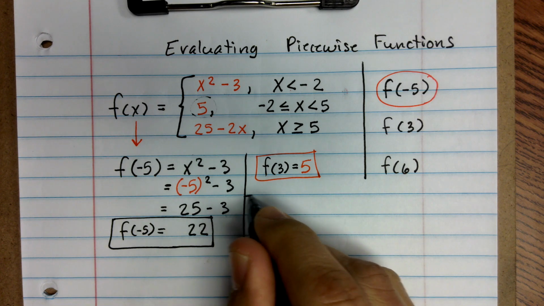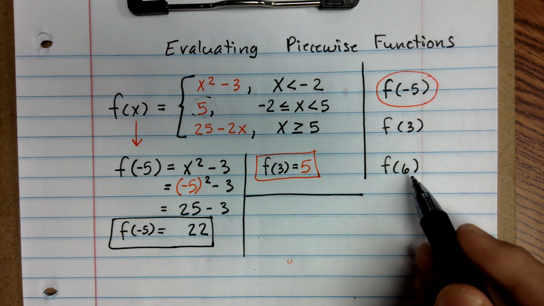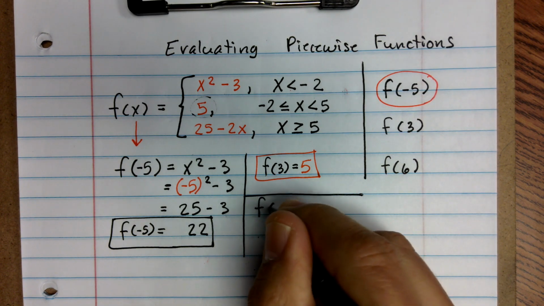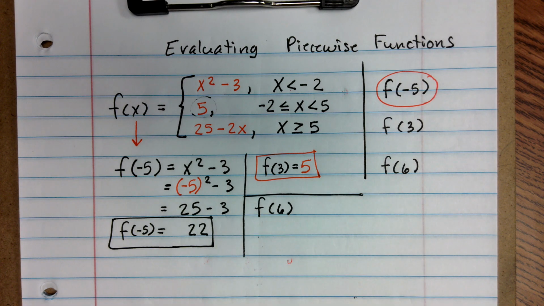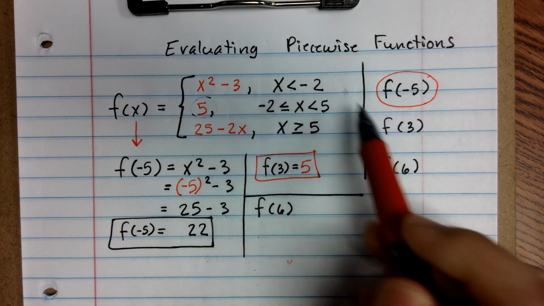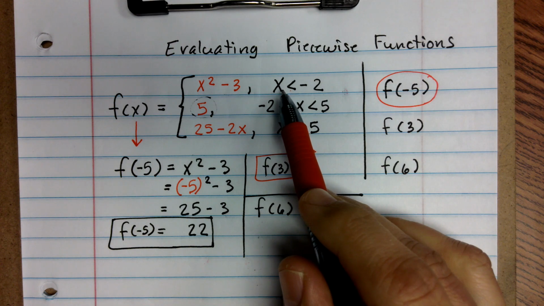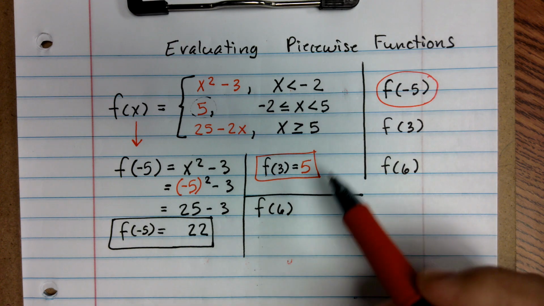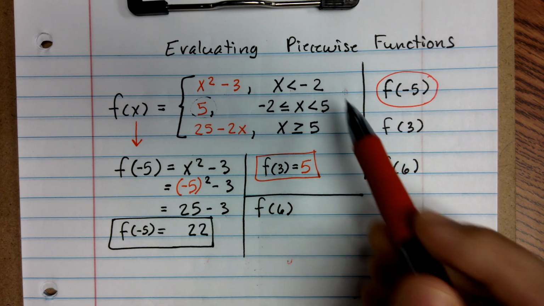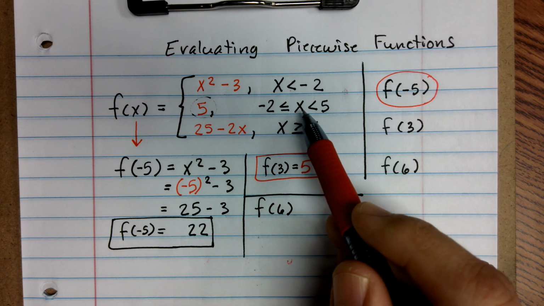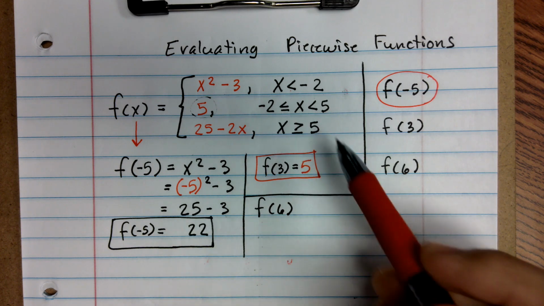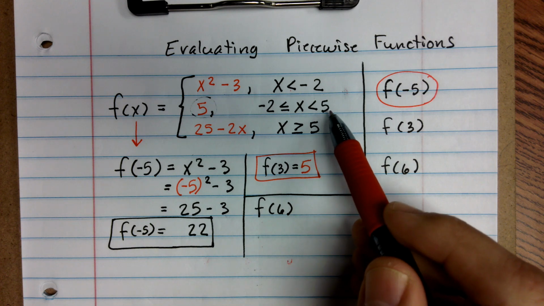Now I'm going to do the last one. So I'm going to block this off. We have f of 6. Okay, well it doesn't meet the criteria for the first one because it's not going to be less than -2. It's going to be greater than -2 because 6 is a positive number. This second inequality doesn't fit because 6 is actually greater than 5.